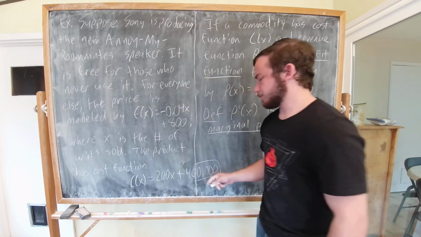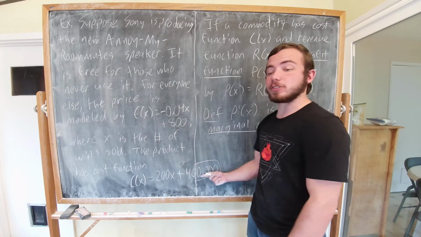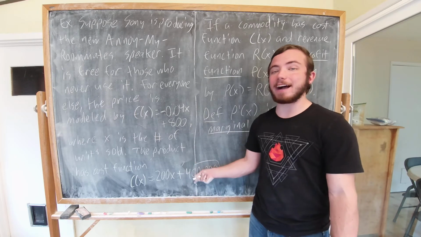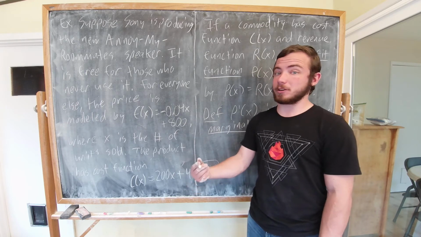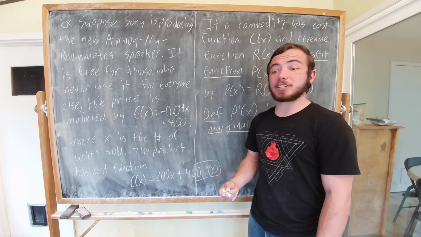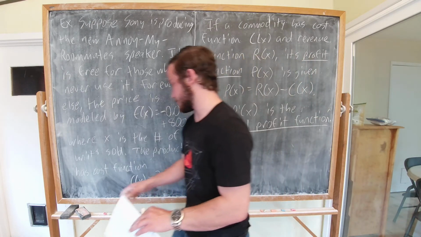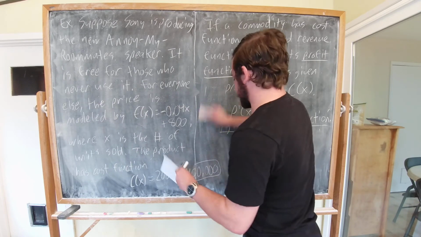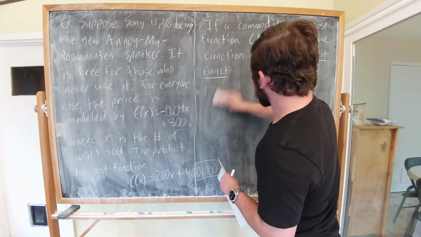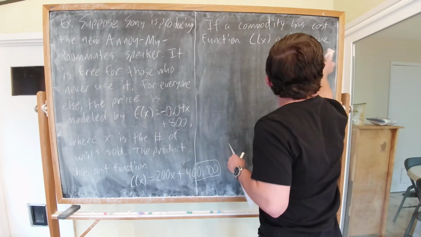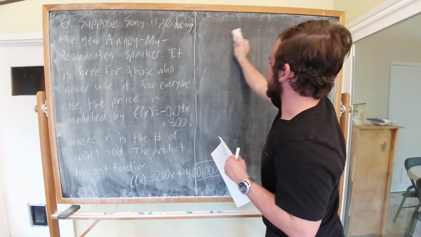So let's think about that. When x is equal to 0, before they even produce anything, it costs them $400,000 to even have their plant up and running. And then it costs them $200 for every speaker they want to produce from there. Kind of an expensive product for them to produce. Really, no real world company would be that expensive. I just fudged numbers to make things nicer for us. But numbers is as numbers does, and as long as you know the concept, you can use it for any numbers.